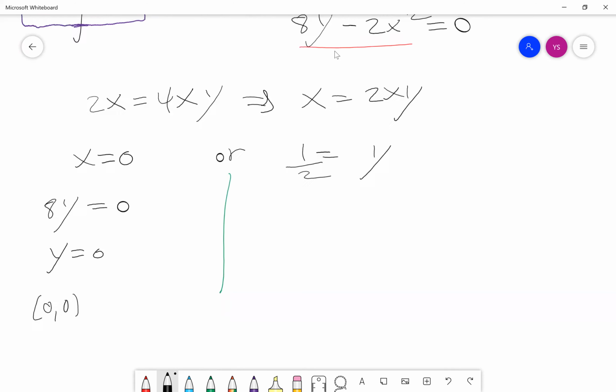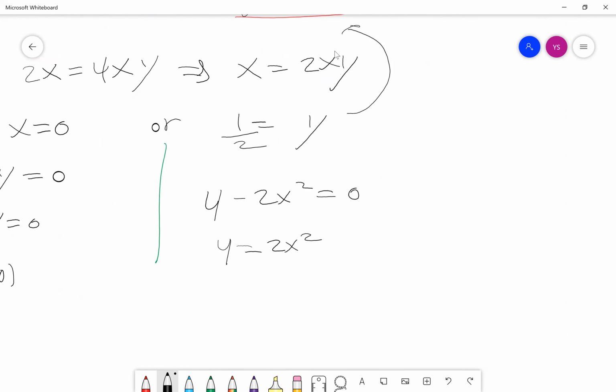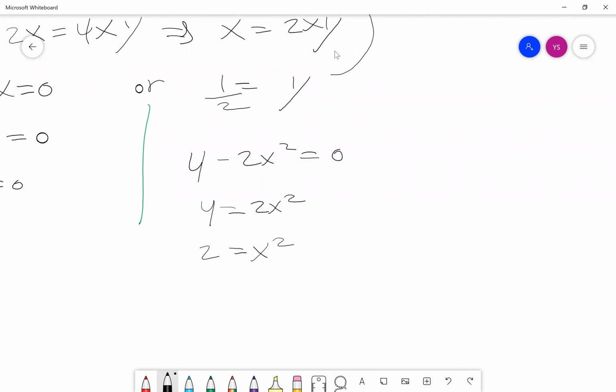Okay, what about if y is equal to 1/2? Again, plug it into the second equation, and we get 4 minus 2x squared is equal to 0, which tells us that 4 is equal to 2x squared, which tells us that 2 is equal to x squared, which tells us that x is equal to plus or minus the square root of 2.